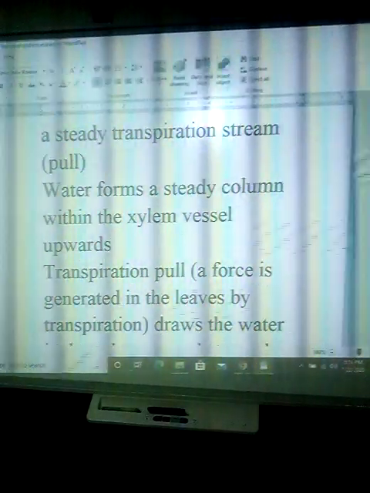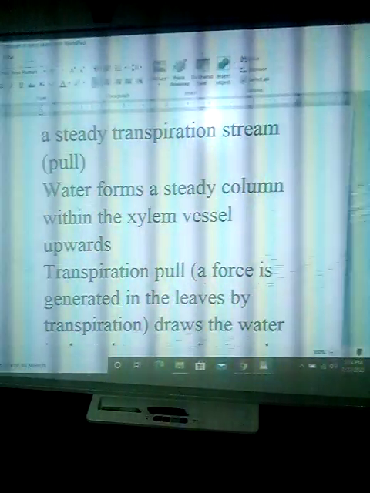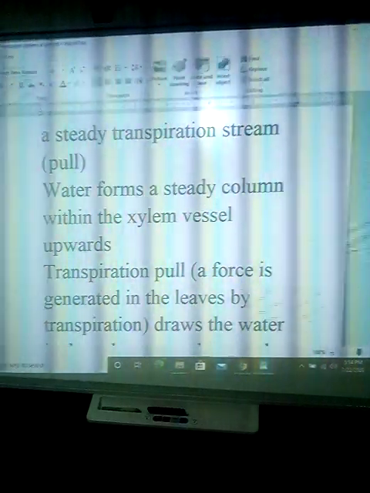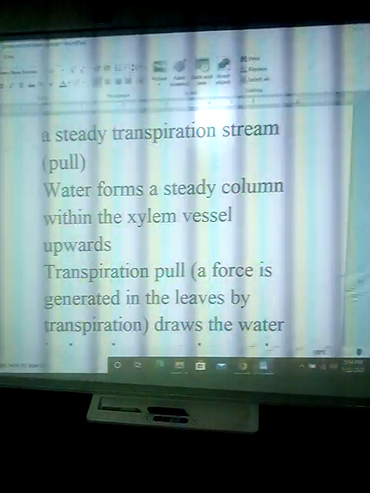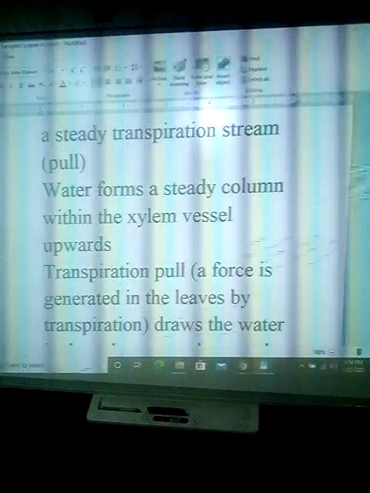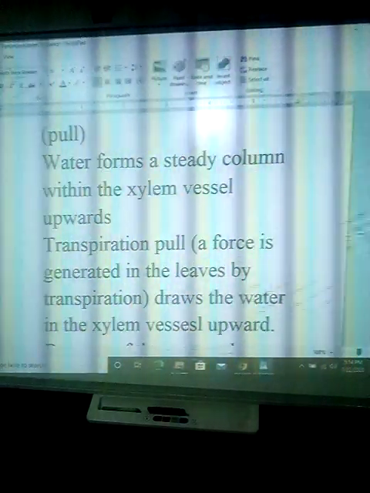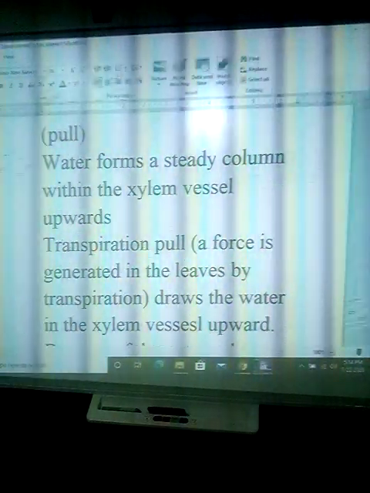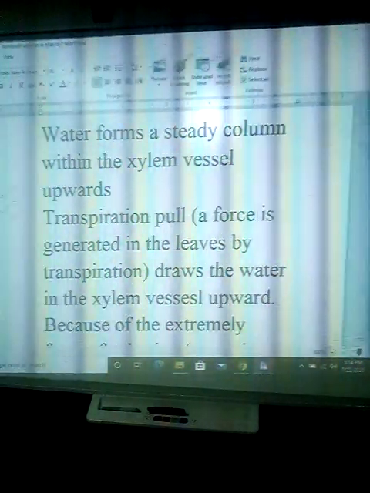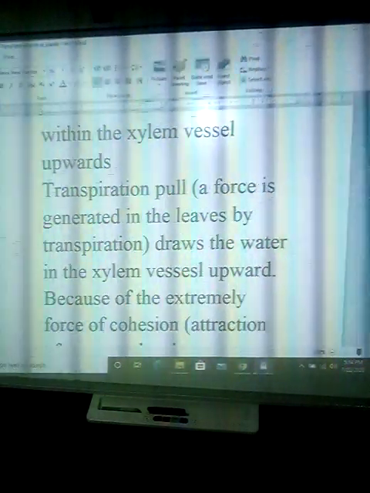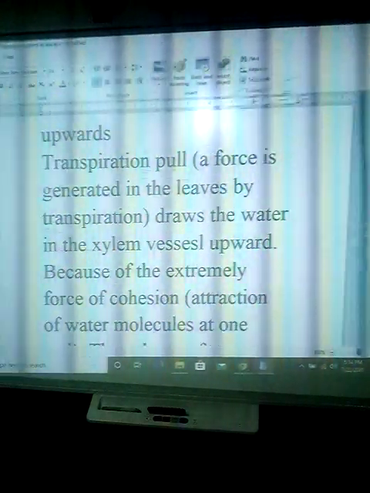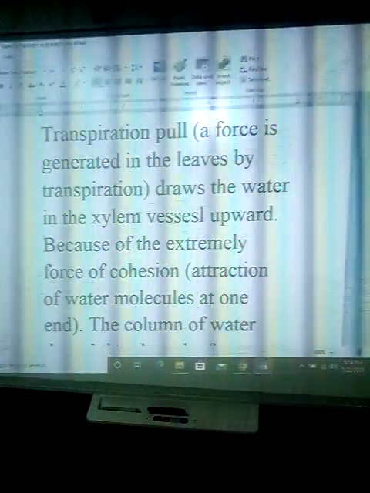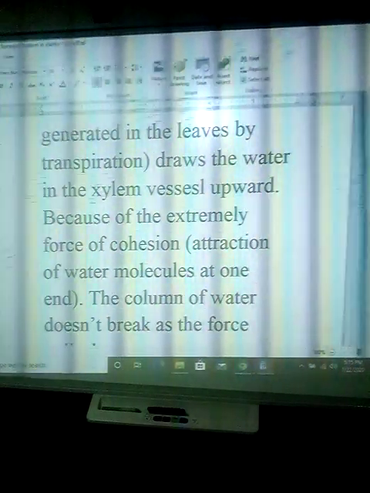Transpiration pull is the force generated in the leaf. So if you are asked, where is transpiration pull force generated? It is in the leaf. Transpiration pull force is generated in the leaf. It draws the water in the xylem vessel upward, because of the force of cohesion, which has to do with the attraction of water molecules.